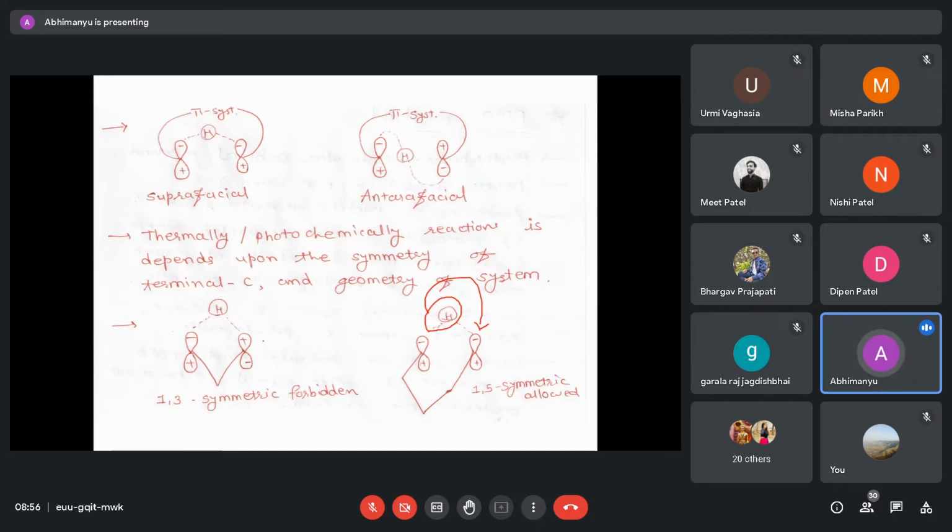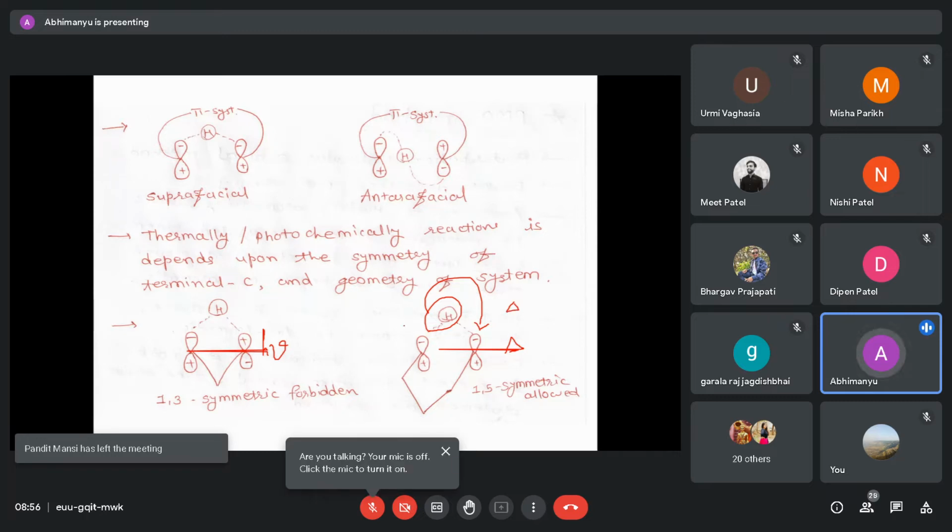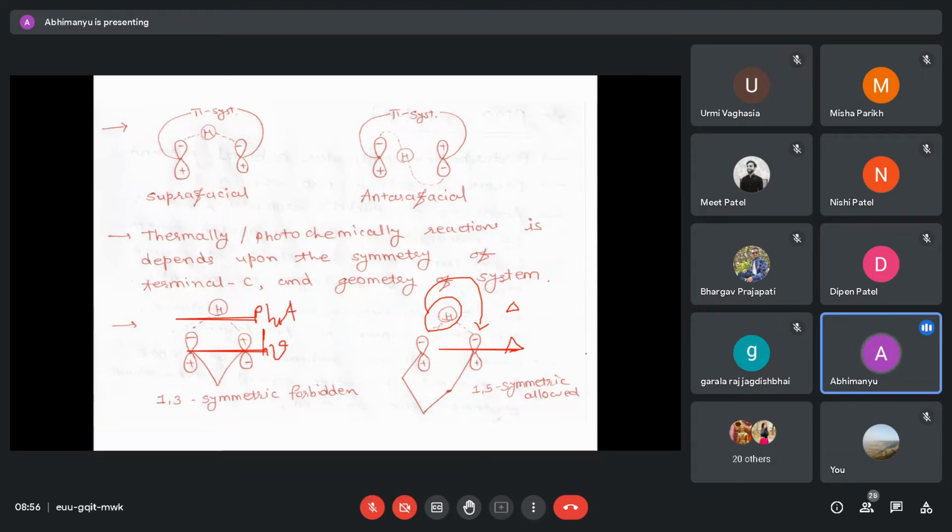The 1,3 system requires hν energy and the 1,5 system requires thermal energy. In other words, the 1,3 system requires photochemical energy and the 1,5 system requires heat, thermal energy.